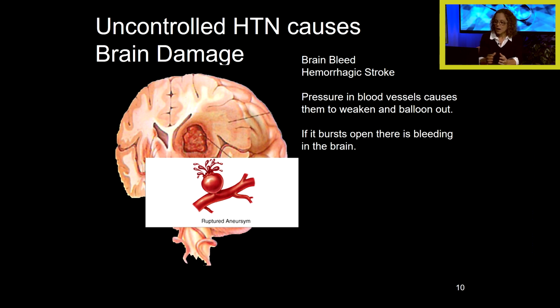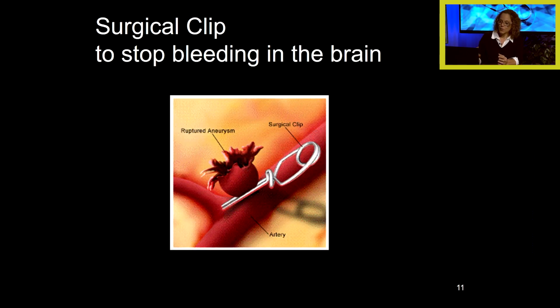One of the treatments for this is that they can go in with a surgical clip to stop the bleeding in the brain. Here you can see they've gone in and clipped off the ruptured aneurysm to stop that bleeding.